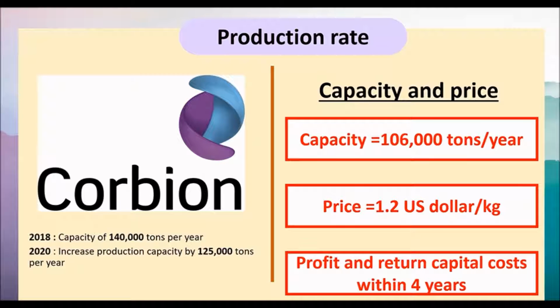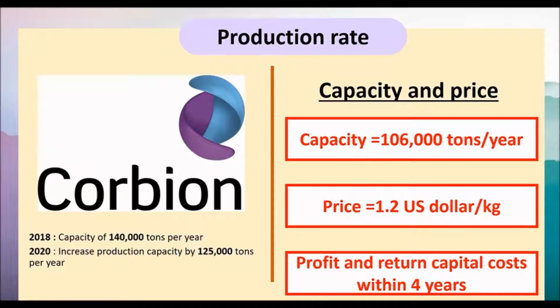Thailand has a leading company to export lactic acid and PLA, or polylactic acid. In 2018, the company's production of lactic acid was 140,000 tons per year, and the production capacity was increased by 125,000 tons per year in 2020.